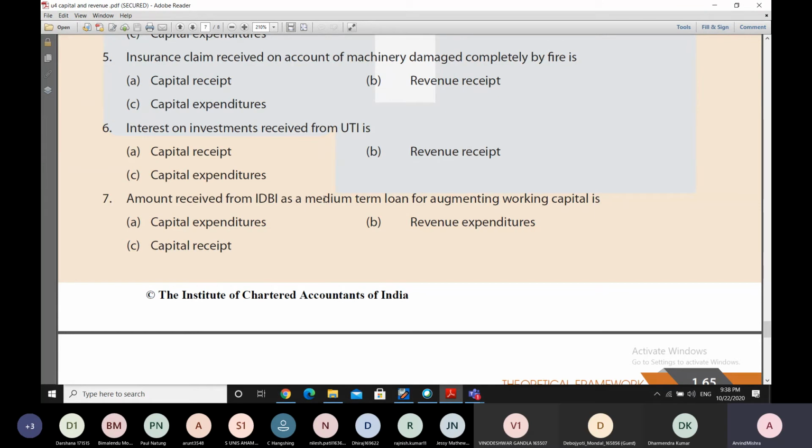This medium-term means there is an enduring benefit which is coming here. Working capital is being augmented not just for 1 year, but for the medium term. And therefore, this amount which is being received from IDBI is a capital receipt in nature.